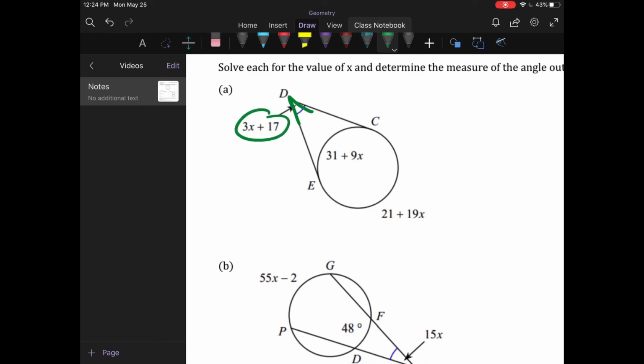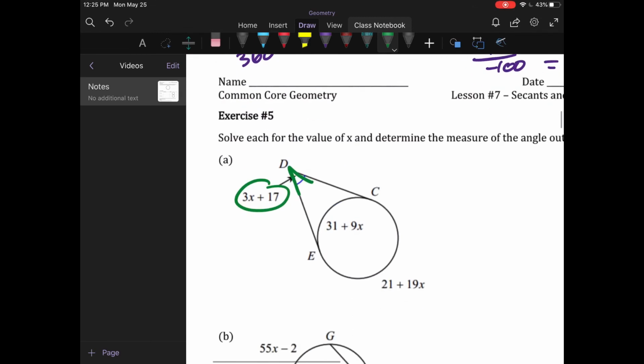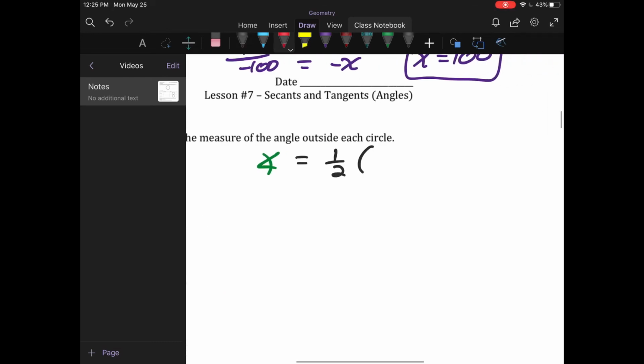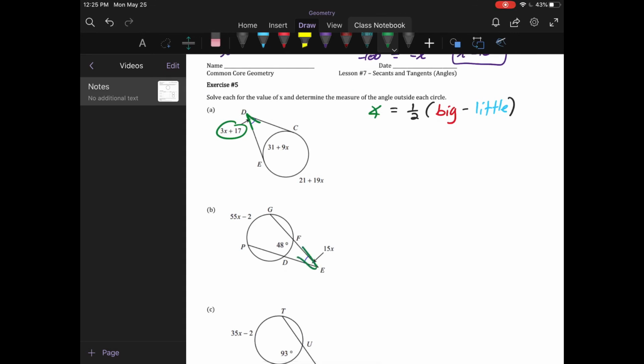So the angle is going to be the part that I put in green before, so I'll rewrite the formula too. So the angle is equal to half of the big, which I've been putting in red, minus the little. Okay, so the angle for all of these is the piece on the outside.